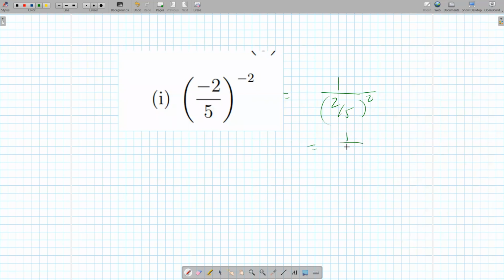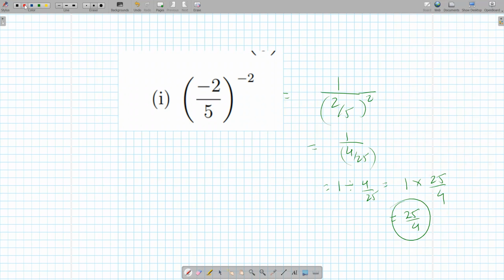Yeah. So you have 1 over 4/25, like that, right? Which means the same thing as 1 divided by 4/25. And we can do a quick flip here. 25/4. So the final answer is simply 25/4. Does that make sense?